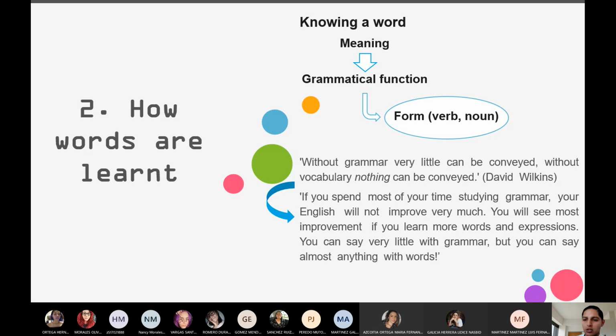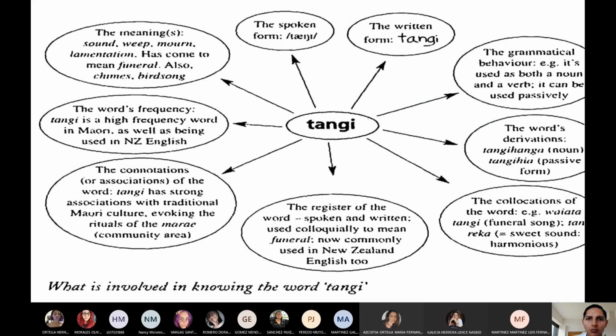Somehow. You will see most improvement if you learn more words and expressions. You can say very little with grammar, but you can say almost anything with words, especially with content words. And eventually you start constructing the form, linking grammatical words with content words so that you can achieve fluency and accuracy, of course.